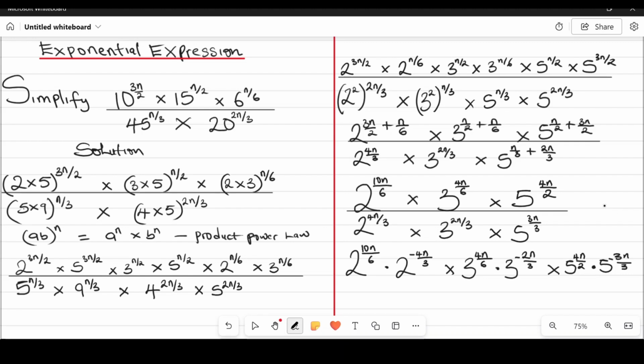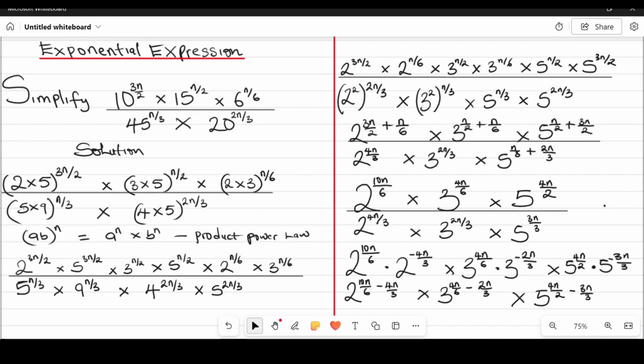So our expression continues as this: 2 raised to the power of 10n divided by 6 minus 4n divided by 3, times 3 raised to the power of 4n divided by 6 minus 2n divided by 3, times 5 raised to the power of 4n divided by 2 minus 3n divided by 3.